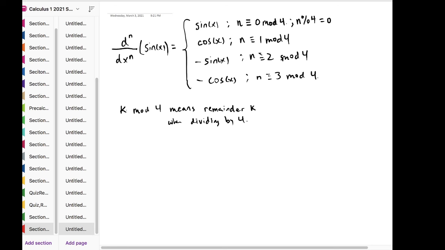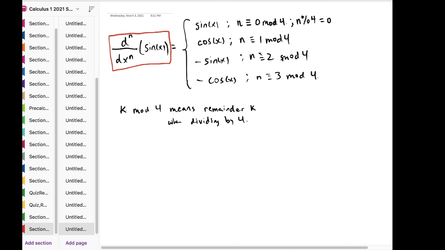Okay, so it's just a neat formula for the derivatives of sine. When you get to Calc 2, this will be very handy. Knowing higher derivatives of functions is very handy for approximation theory. But that is much later.